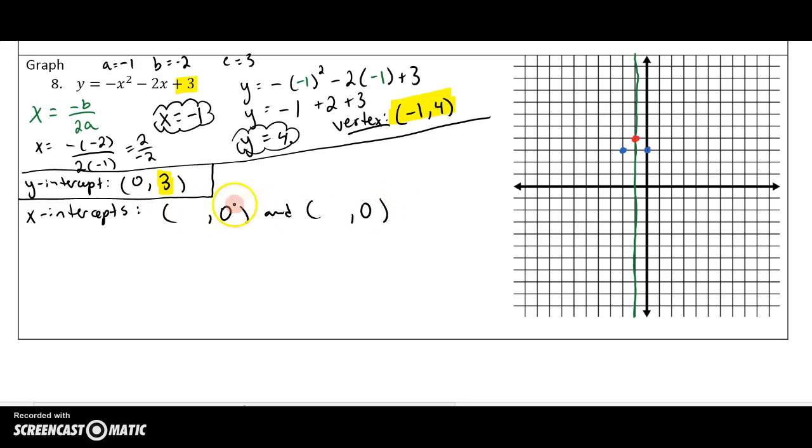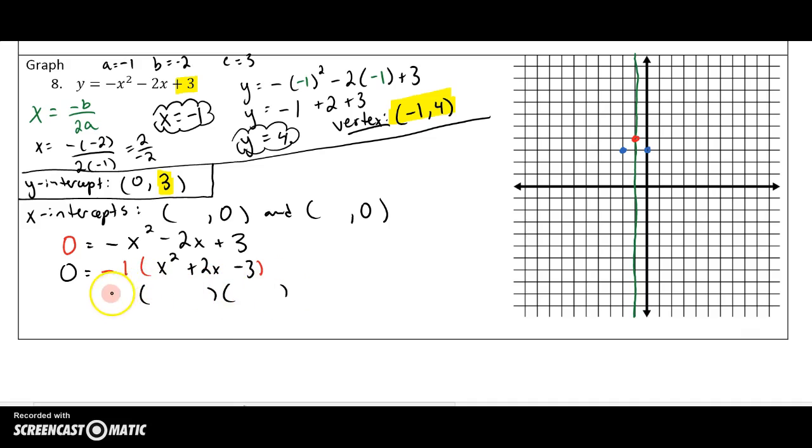So let's plug in 0 for y and solve for x. First thing I'm going to do is look to factor this. I'm going to factor out a -1, so our a value becomes positive. We're left with x squared plus 2x minus 3.